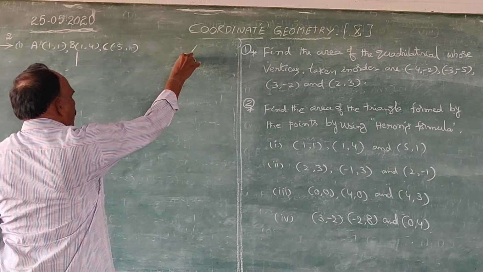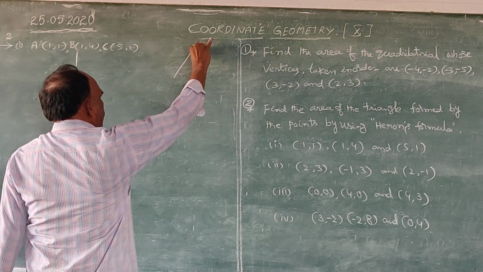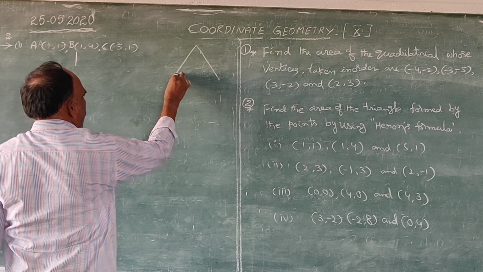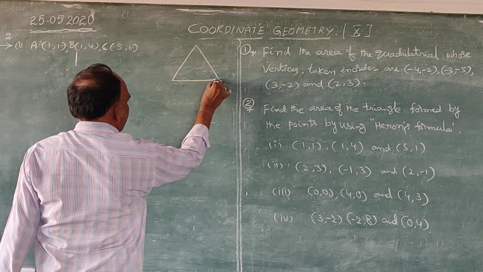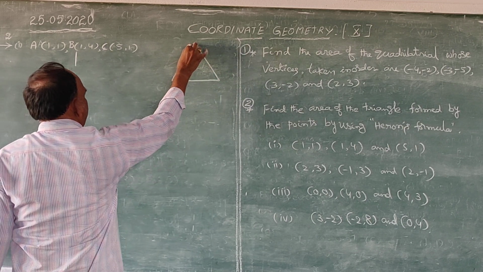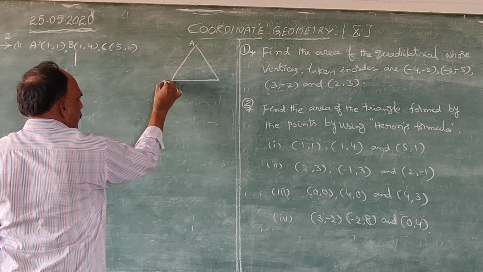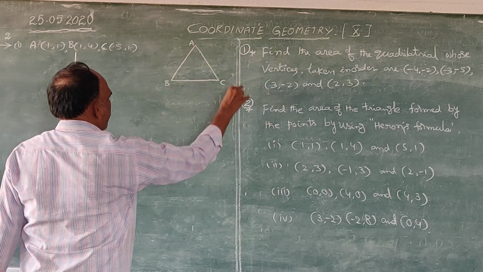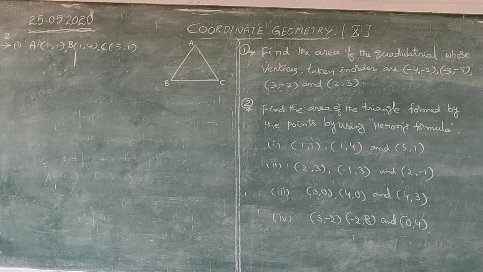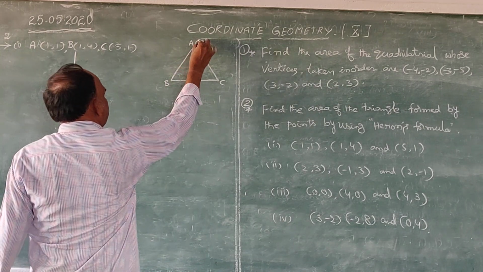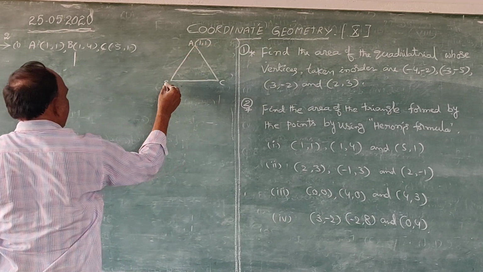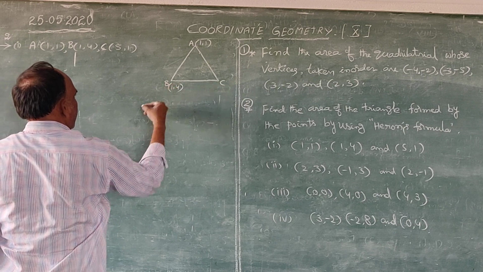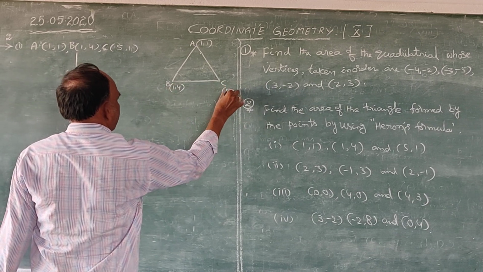Let us take a rough diagram, with capital letters A, B, C. So A (1, 1), B (1, 4) and C (5, 1).